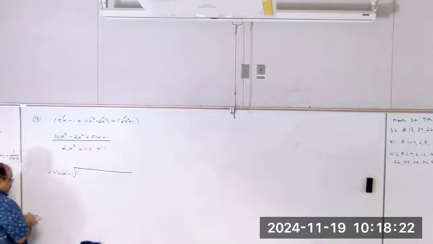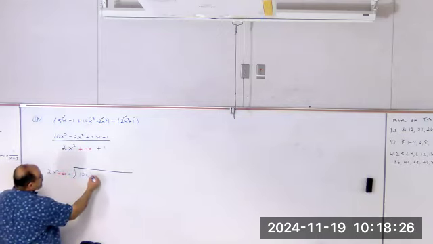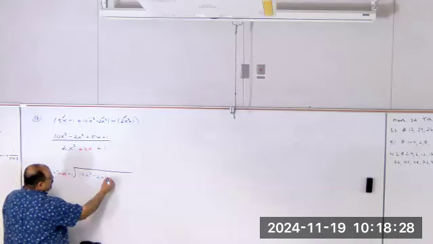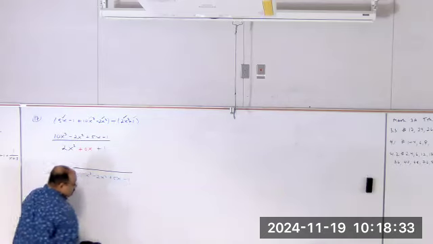We're going to divide that into 10x to the third minus 2x squared plus 5x minus 1.